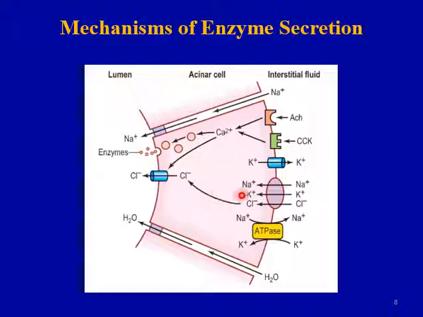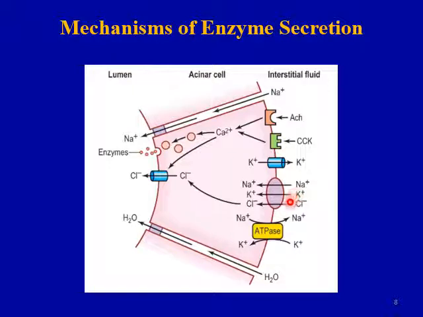But as we know, chloride concentration inside the cell is smaller compared to the extracellular fluid. So what is the source of this chloride? The source of this chloride is a co-transporter, which is the sodium potassium 2 chloride co-transporter. It is a secondary active transport system that depends on the primary active transport system, the sodium potassium pump. This pump will generate the sodium gradient that will drive the secondary pump.